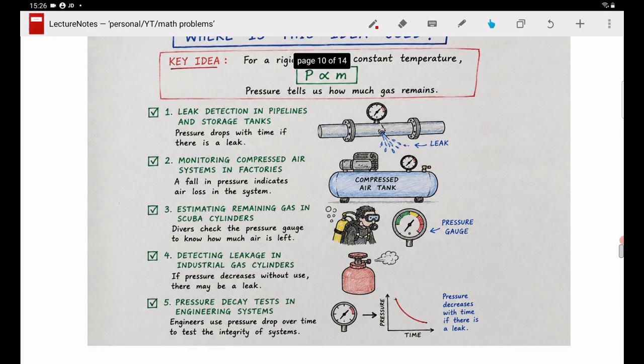Engineers also perform decay tests to verify the integrity of tanks, valves, and piping systems. So the next time you look at a pressure gauge, remember, under suitable conditions, pressure is not just pressure. It also tells us how much gas remains inside the container.